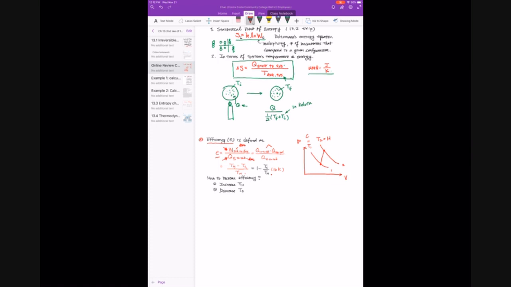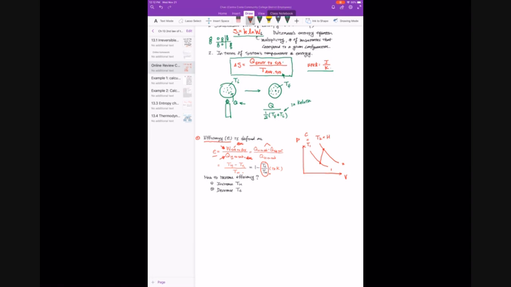Now, this equation gives us an idea how I can increase the efficiency of the device. And that is, you have two ways. One is, the key is looking at this one here. Tc over Th. We want efficiency to be close to 1. To make this one close to 1, we want to make this one to be very small.